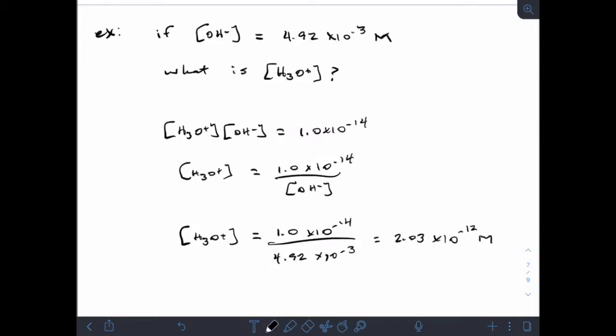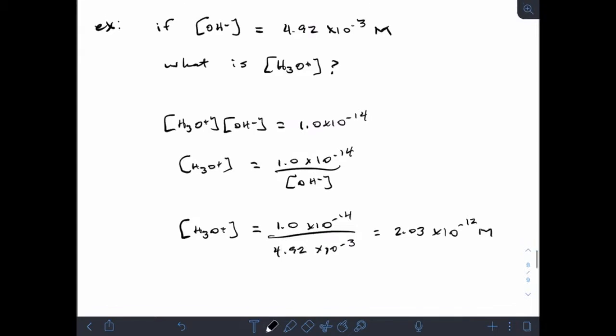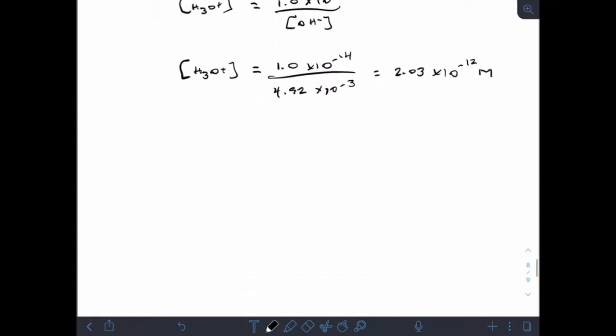Alternatively, I could solve this another way. I could find pOH first. So there are lots of ways that we can solve these problems.